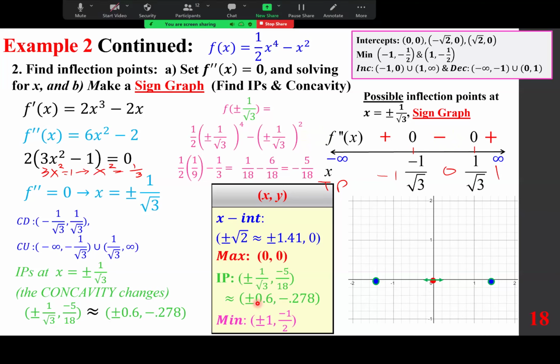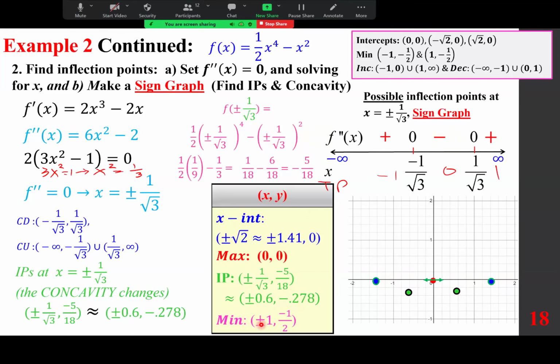So -0.6, let's say roughly -0.3. So here's -1, so -0.6 is here, 0.3 is here, so somewhere there, and +0.6, -0.3 is there. So those are the inflection points.